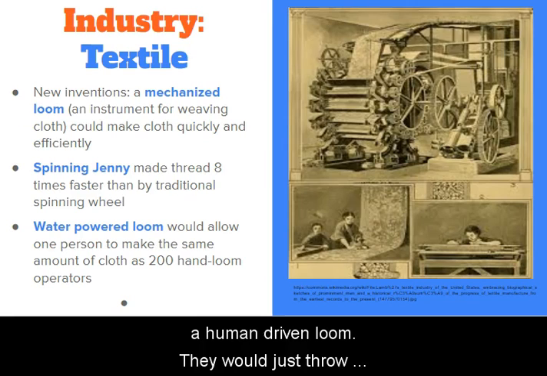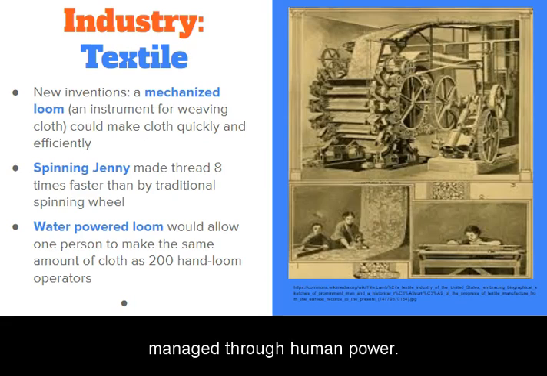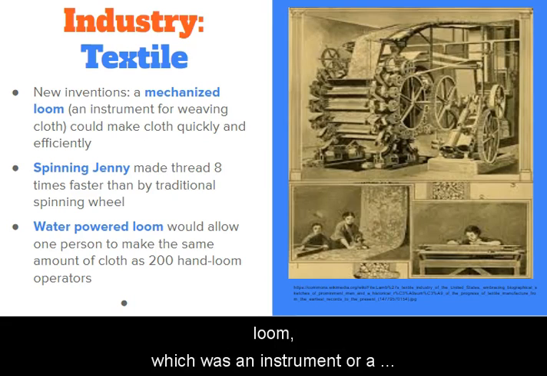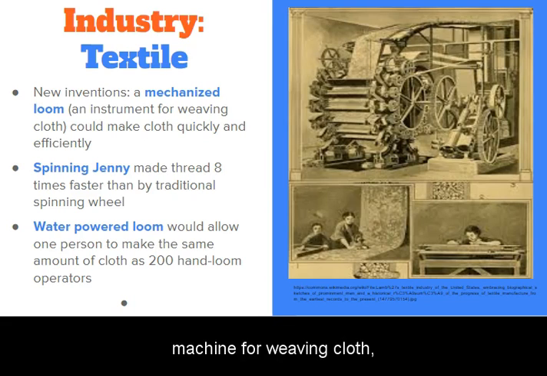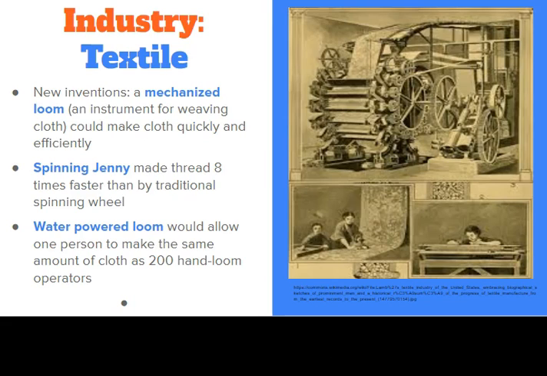So they would just throw threads or run shuttles through a loom that was all managed through human power. But new inventions, and primarily a mechanized loom, which was a machine for weaving cloth, could make cloth quickly and more efficiently.